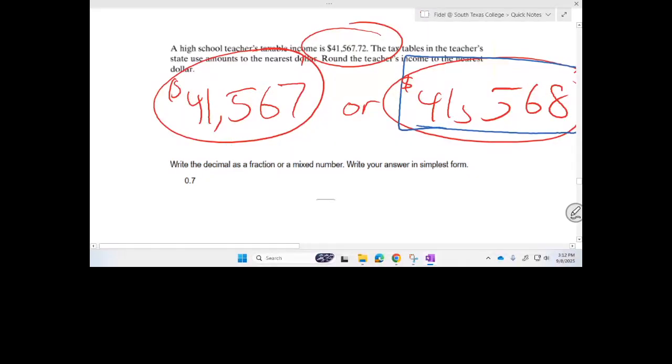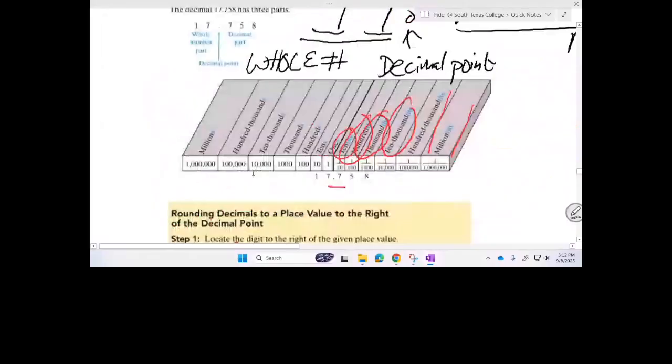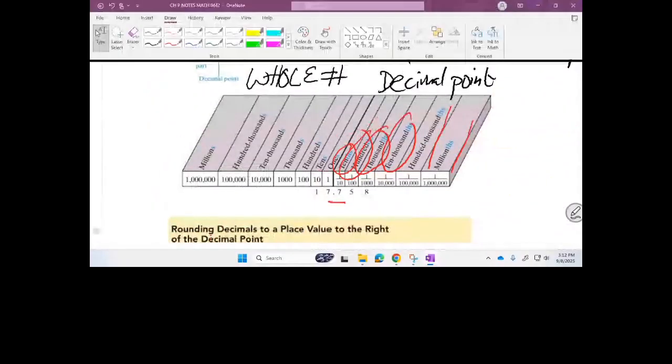Okay. Now, let's take a look-see at the next one here. It says, write the decimal as a fraction or a mixed number. Okay. Write your answer in the simplest form. Y'all, I'm going to ask you a question. 0.7. If you go back and look at this thing right here, okay? So I want you to do me a favor.